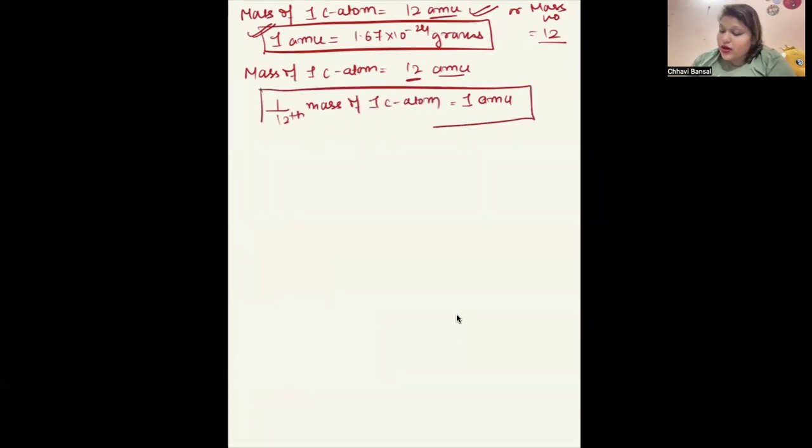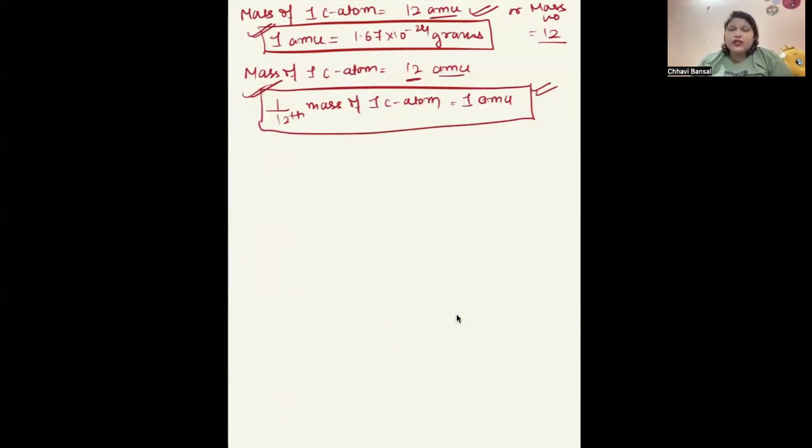This is what is called the standard. What is the standard? See, 1 AMU is a very small value, right? Every time defining in terms of different atoms would be very difficult. So what we have done, we have defined the unit of 1 AMU as 1/12 of the mass of one carbon atom. Okay. And now we define the mass of each atom of an element in terms of this AMU only. Fine. Is it clear?